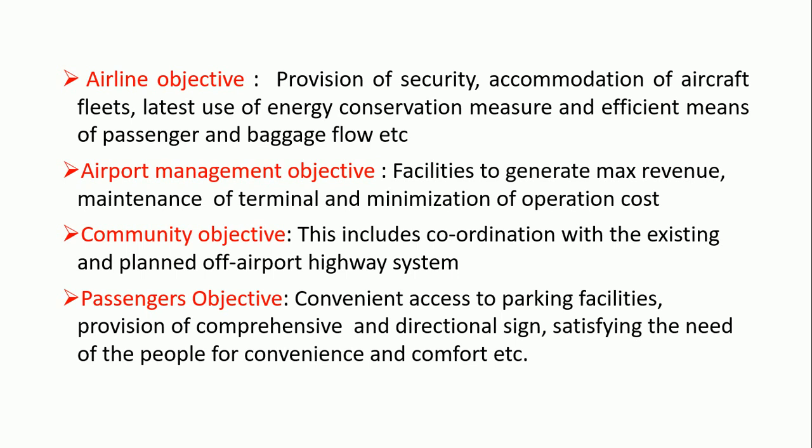The community objectives include coordination with the existing and planned airport highway systems. And finally, the passenger objectives include convenient access to parking facilities, provision of comprehensive and directional signs, and satisfying the need of the people for convenience and comfort, etc.